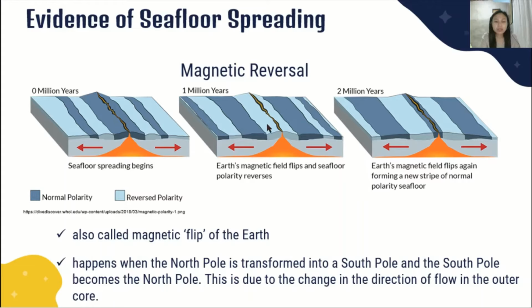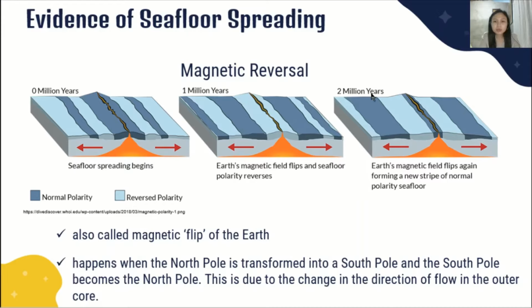When we say there is a magnetic flip of the Earth, it does not necessarily mean that the Earth turned upside down. It is only the polarity of the Earth. So we have here a reverse polarity, meaning there is a magnetic reversal.